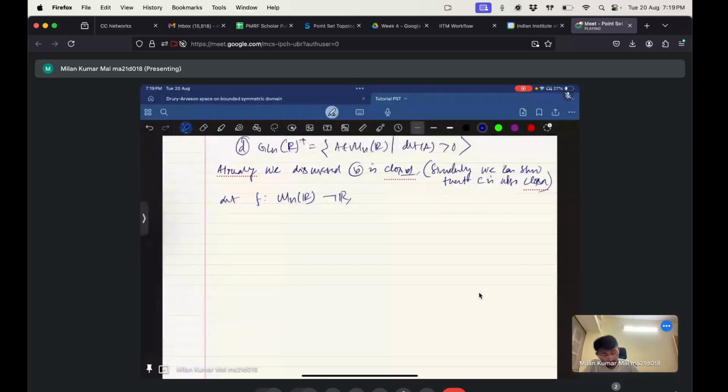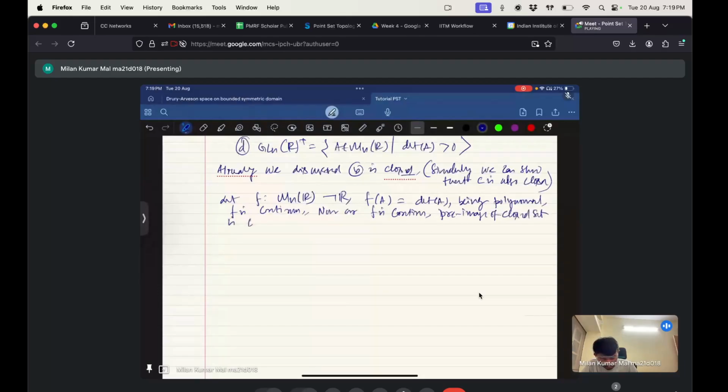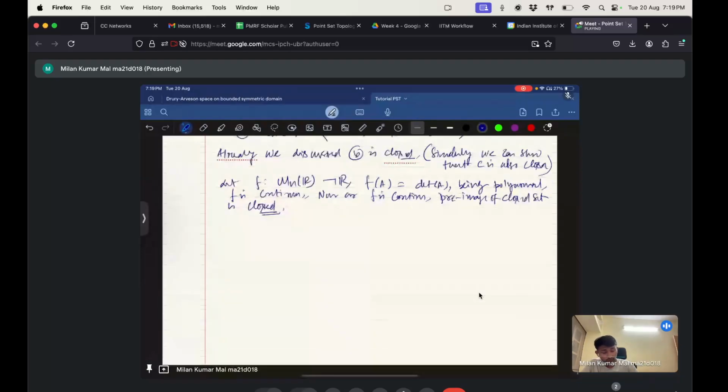How is it defined? F of A is equal to determinant of A. This being a polynomial, F is continuous, right? Now, as F is continuous, the pre-image of a closed set is closed.